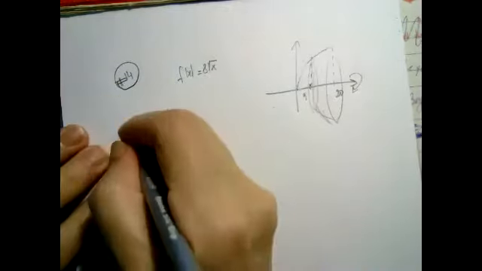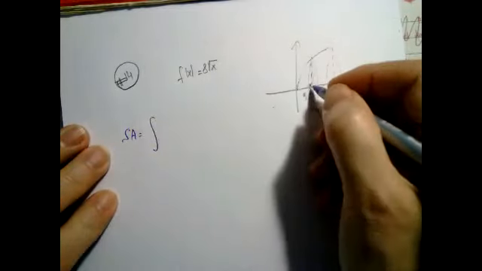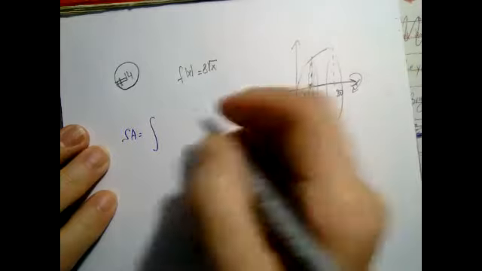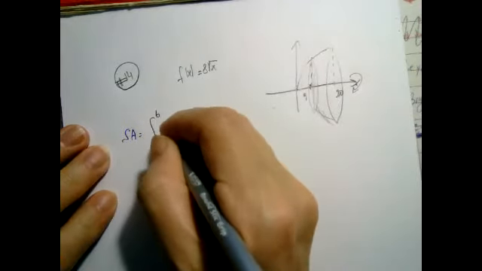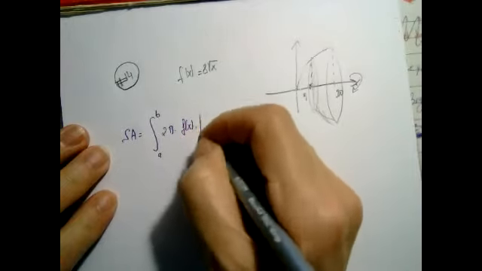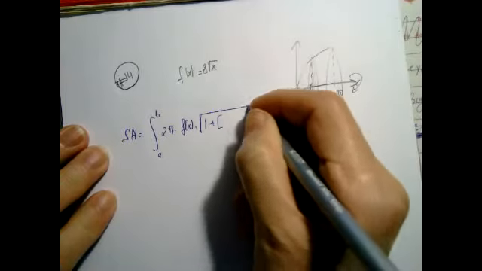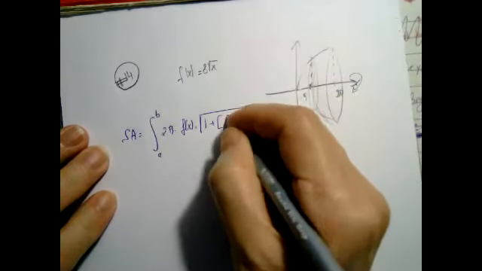So what's the surface area? The formula for the surface area is the integral around the x-axis from a to b of 2 pi times the function value times the square root of 1 plus the derivative squared dx.